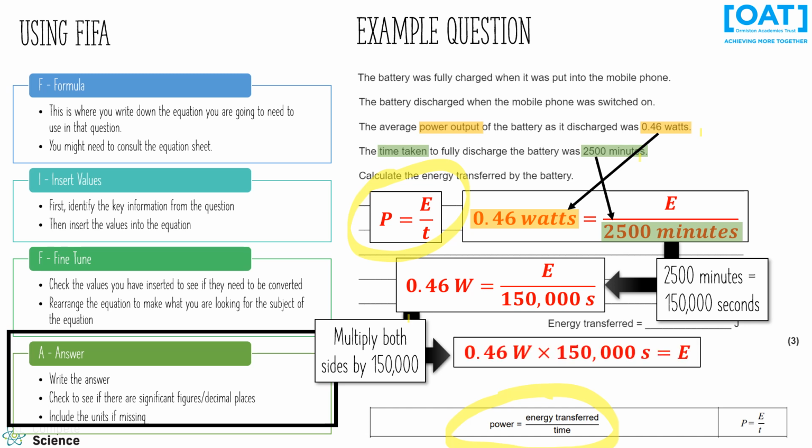So 0.46 watts multiplied by 150,000 seconds will provide you with the energy transferred in joules. And we have 69,000 joules as our energy. Again, check each step on your calculator because it's really easy to make a mistake.